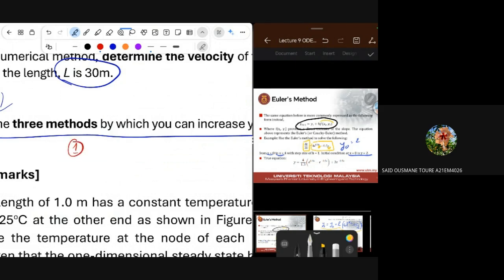Using Runge-Kutta, that's for sure. The other one, think it through. There's another clear one.